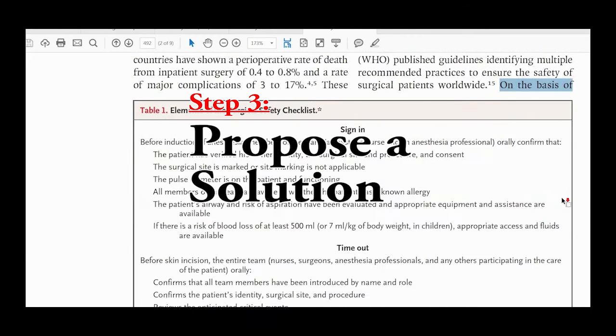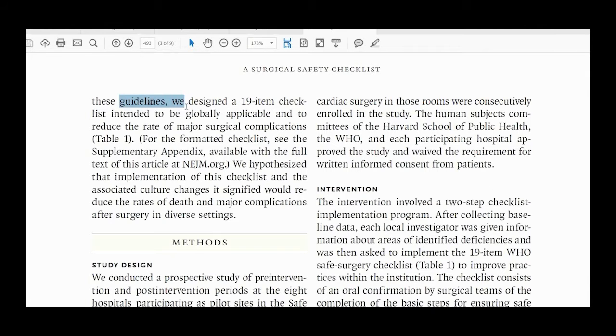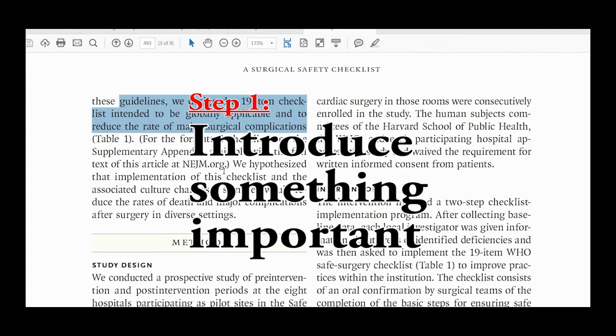On the basis of, let's skip down to the next page, "on the basis of these guidelines, we designed a 19-item checklist intended to be globally applicable and to reduce the rate of major surgical complications." Now, let's think about what they've accomplished so far. They have clarified that there's something that is of importance to the medical community.